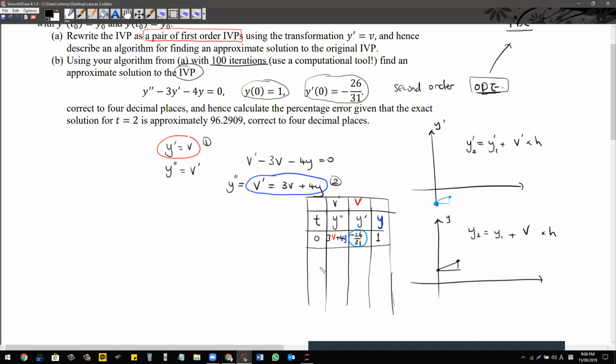Because we're doing 100 iterations, we're going up to 2. I think the step must be how much? 2 divided by 100 is 0.02, right? So the next one will be 0.02. How do we find this one here?